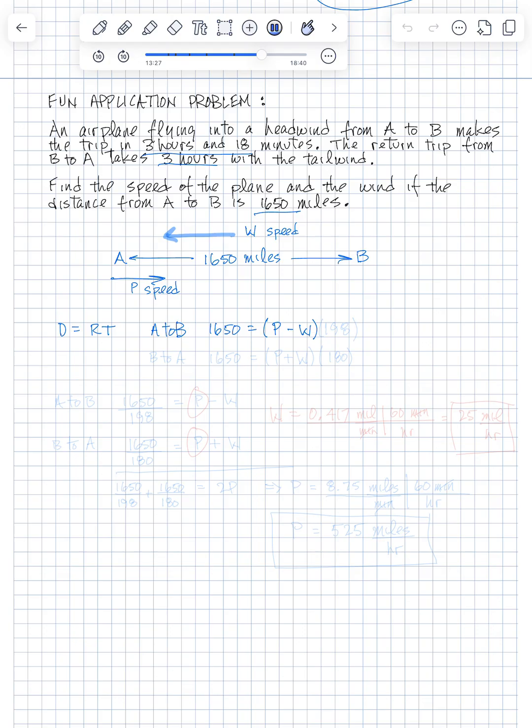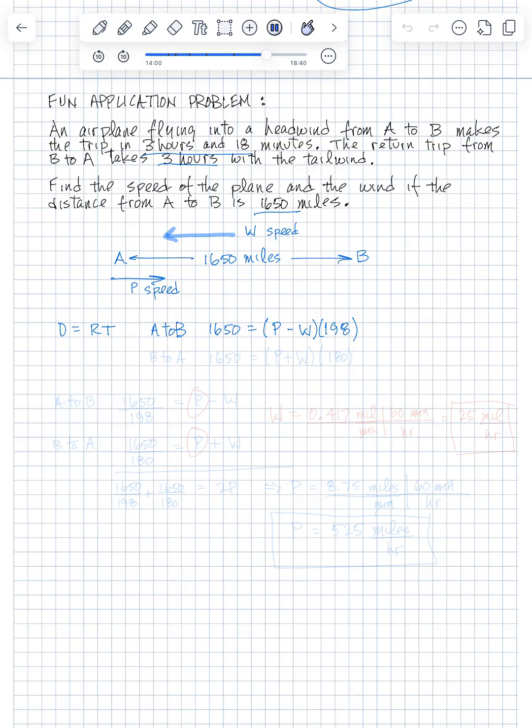So that's the rate. And the time, it says, is 3 hours, 18 minutes. Well, the other time is 3 hours. We have to have the same units, so we could either make it all minutes or all hours. To avoid a decimal, let's just make it all minutes. So 3 hours is 180 minutes and 18, so it's 198 minutes is the time.